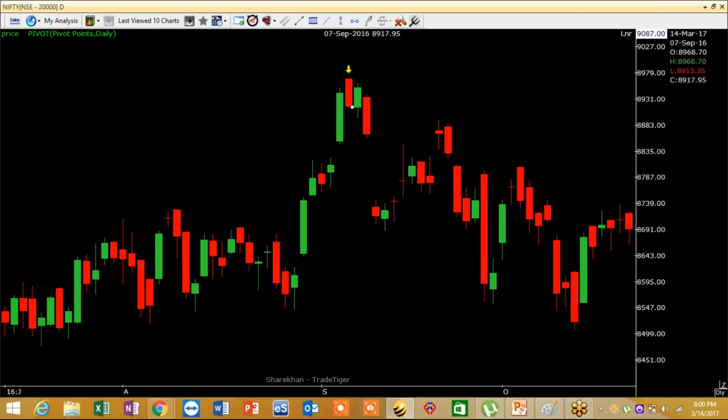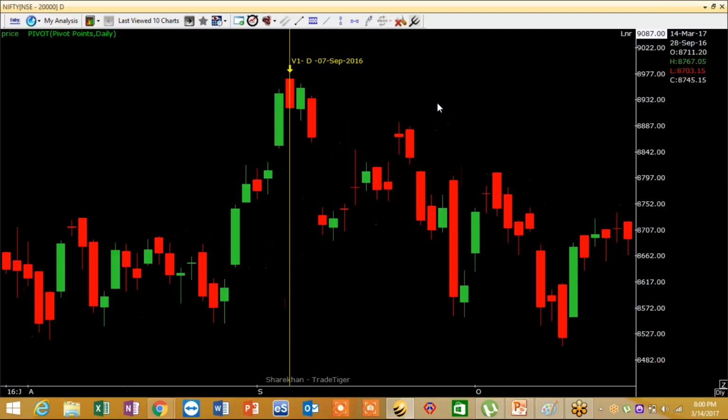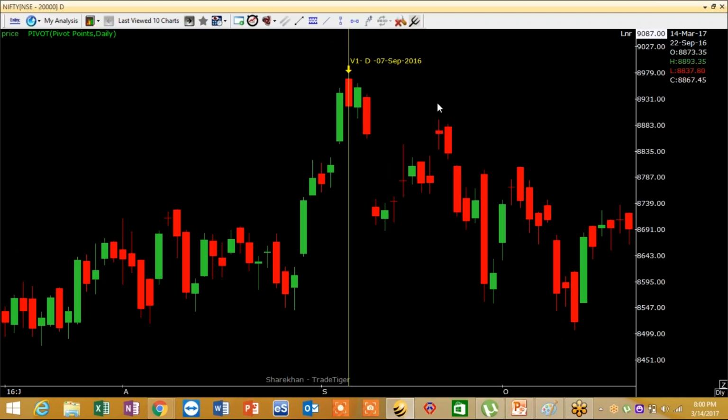This candle, yeah, top red. At the top you can see the date, 7 September 2016. I have put a vertical line over here. So that was our buy signal or sell signal, Arvind.